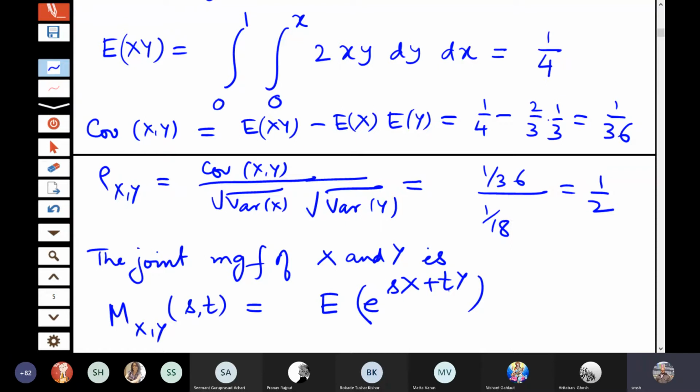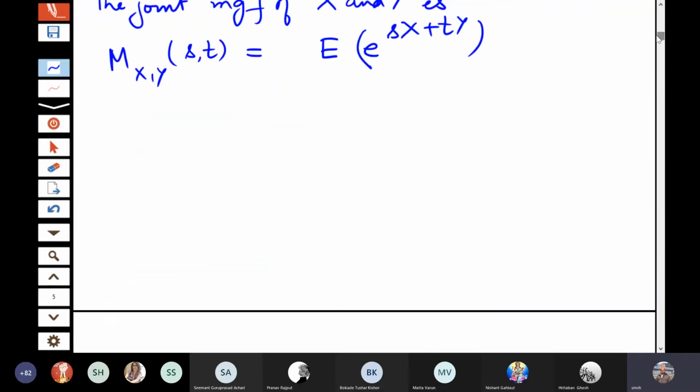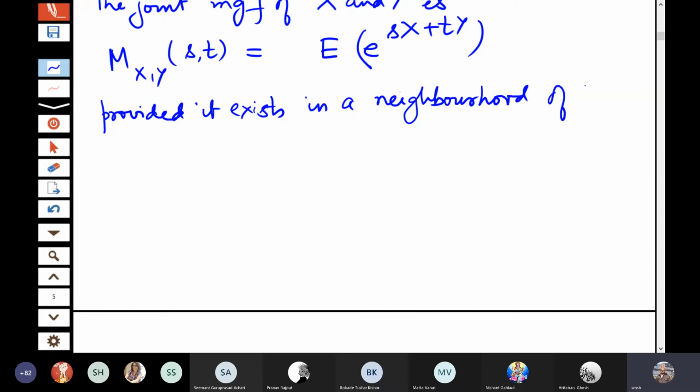So now it is expectation of e to the power sx plus ty, provided it exists in a neighborhood of point (0, 0). And if it exists in a neighborhood of (0, 0), then all the integral order moments, product moments will exist.